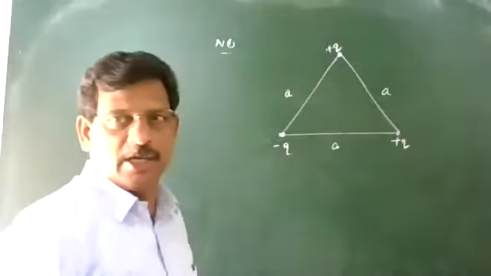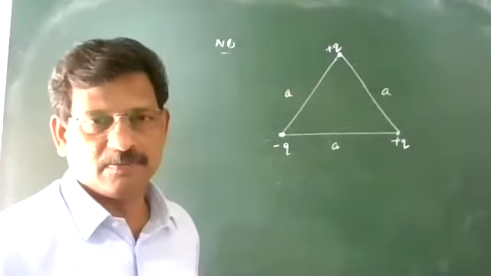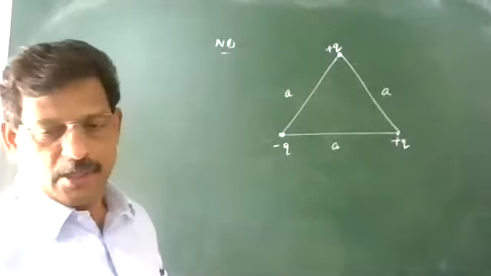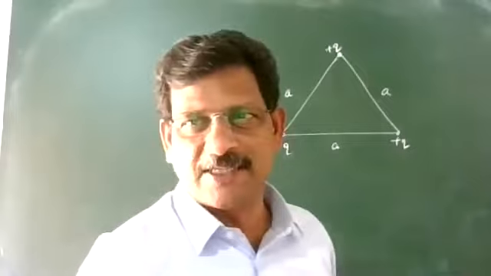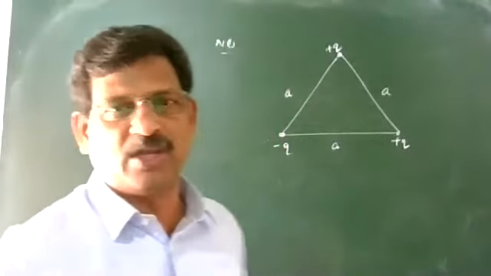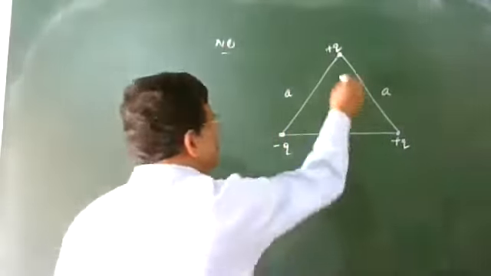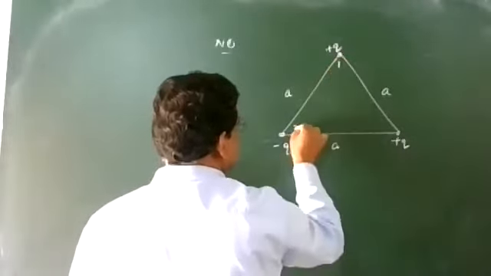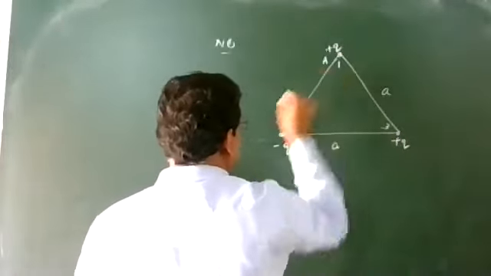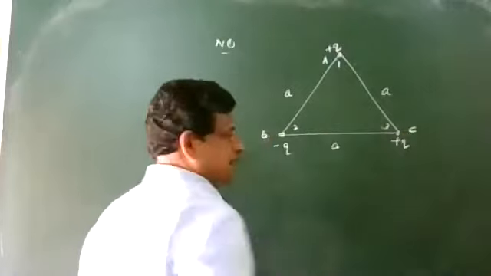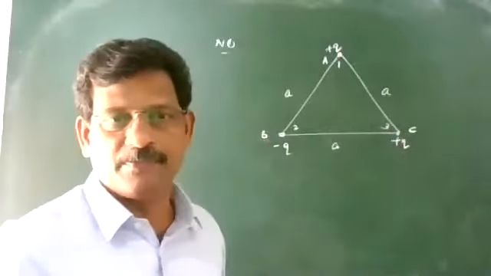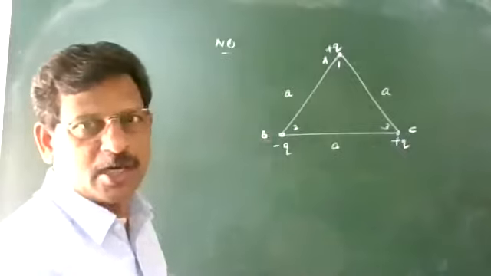What is the potential energy of the arrangement? We used to write 1, 2, 3. So you recognize 1, 2, and 3: this is the first charge, second charge, and third charge. Point A, B, C, you can mark according to your convenience. So it's a 3-point charge system.